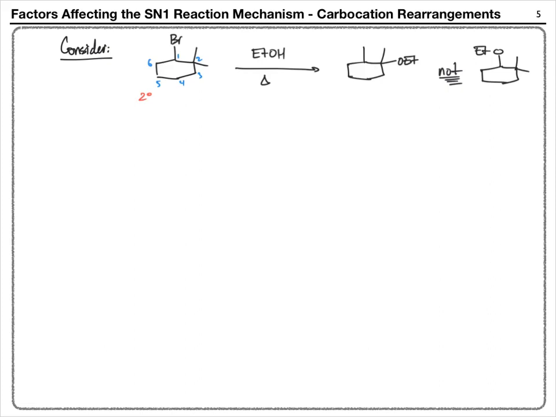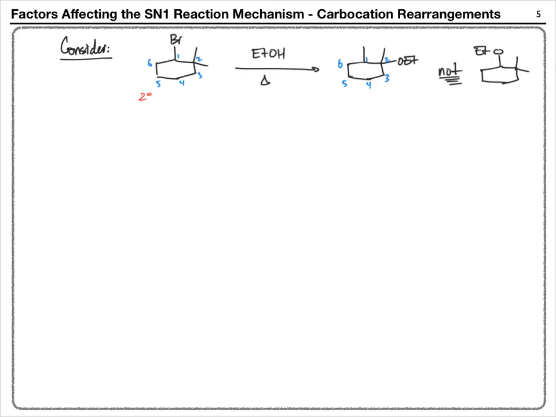If I keep the numbering consistent, 1, 2, 3, 4, 5, 6. So Aiden says the methyl group switches places. That happens through not a hydride shift, but a 1,2 methyl shift, where the 1 and 2 are just telling you the relative locations of that methyl group.